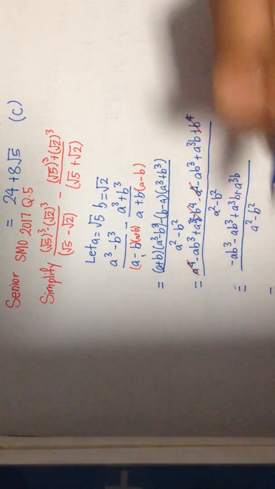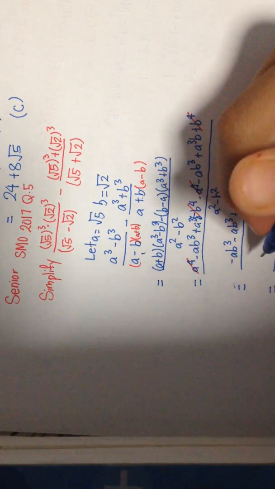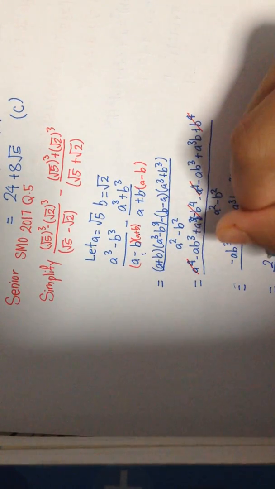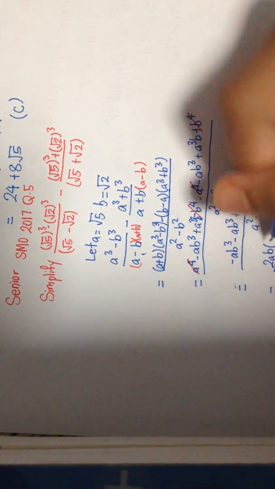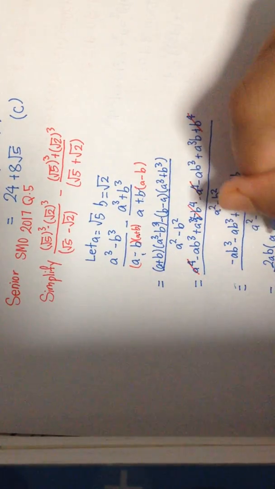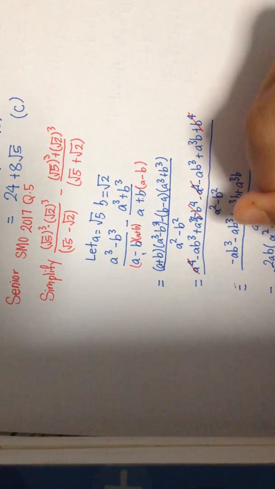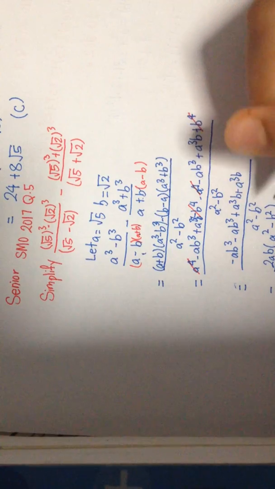Now I'm going to factorize this. What if I take 2ab out of all of this? What am I left with? I'm actually left with a square minus b squared. And I have a squared minus b squared.